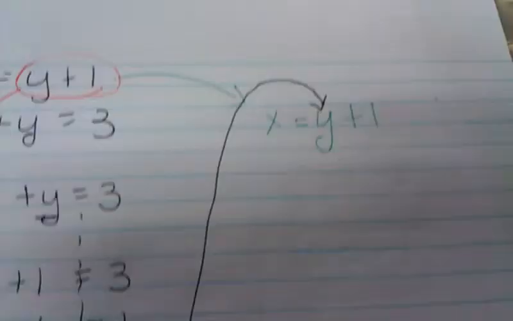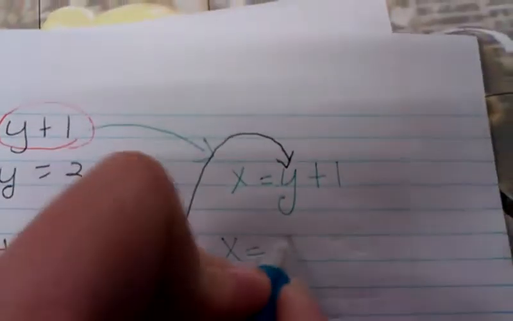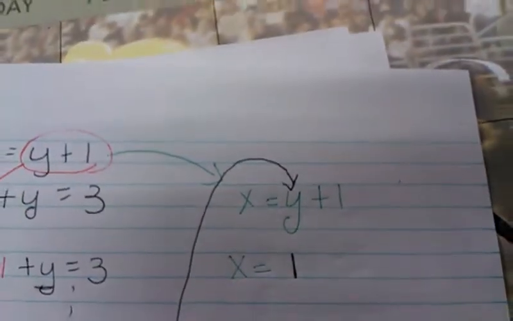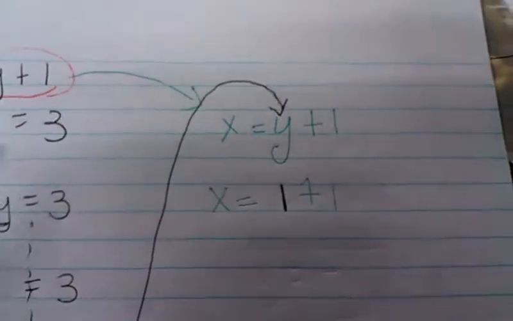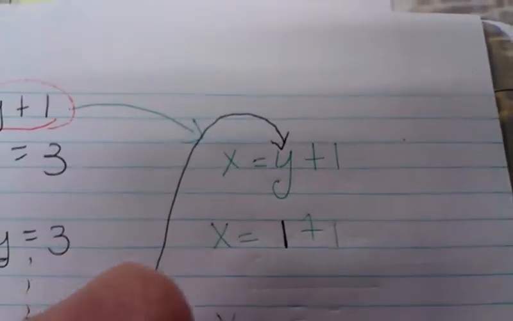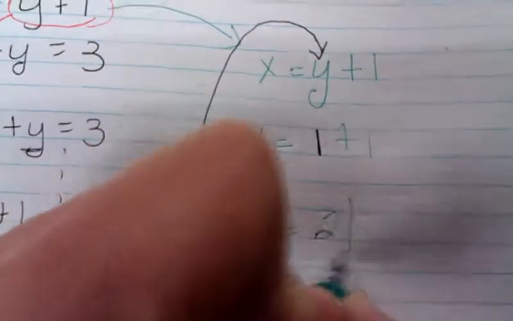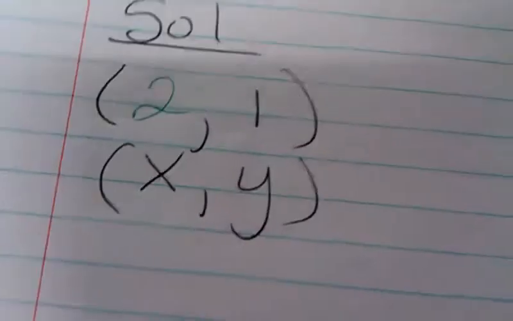I have x equals, instead of y, I have a 1, and then plus 1. I finish out the equation. X equals 2.